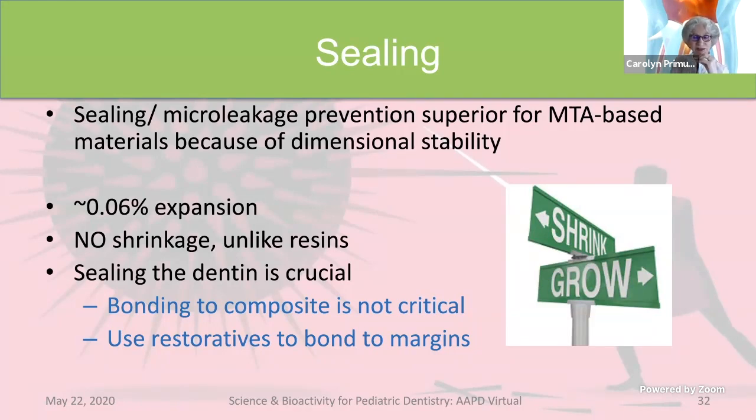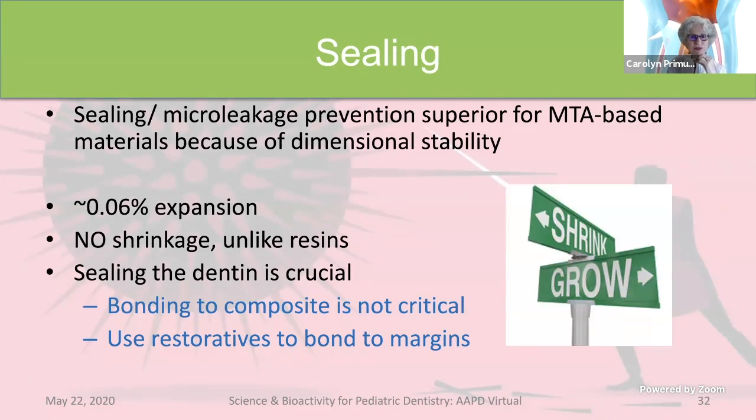In fact, there's a tiny bit of expansion that occurs with most MTA type materials. And that stability is what contributes to sealing the dentin, which is the crucial reason why you're using this material for contact with either the dentin or with the pulp, so that you will protect those tissues.